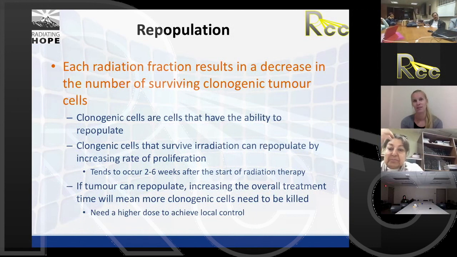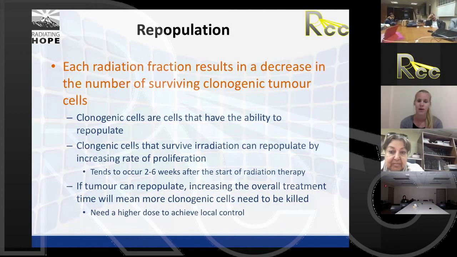This is part of the reason why we have fixed timeframes in which to treat our cancers, because after a period of time, cancer cell division and multiplication starts to ramp up and it becomes more difficult to kill all the cancer cells in a single dose of radiation. That's something we really need to consider as part of the radiobiology, in deciding how many fractions we treat with and how long the overall treatment time should be for different cancer types.